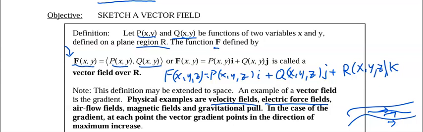How fast it is moving, what's the magnitude, and what direction it's moving. Airflow fields, you can create a vector field there. A magnetic field is also a vector field. Gravitational force is a vector field, and so on. There are so many examples there.